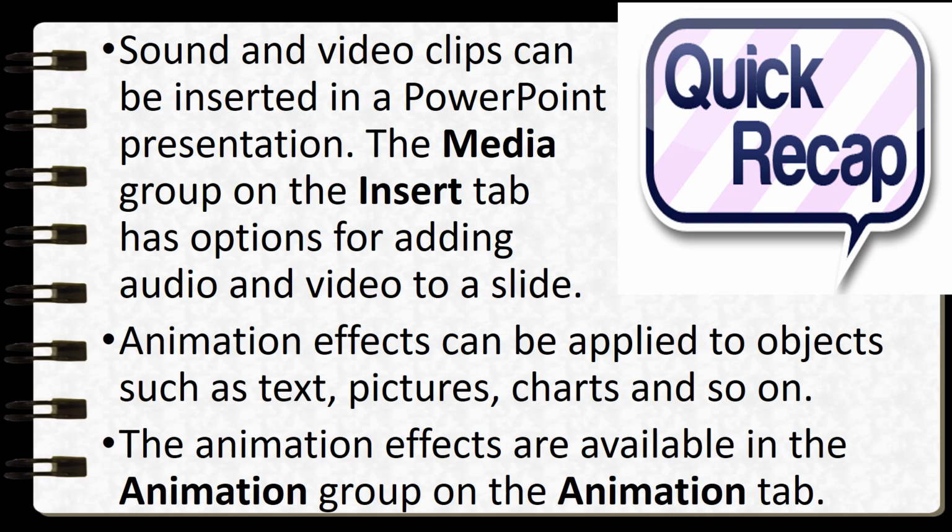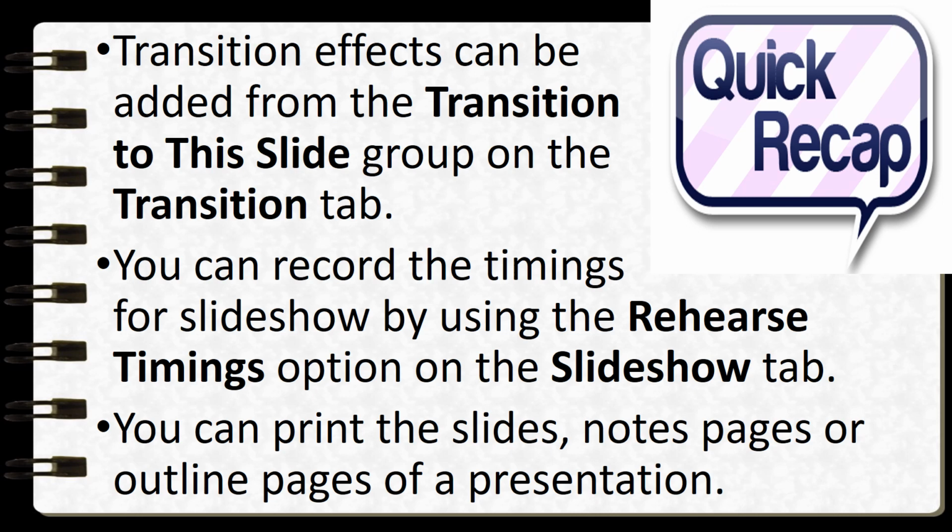The animation effects are available in the Animation group on the Animations tab. Next, transition effects can be added from the Transition to This Slide group on the Transitions tab. You can record the timings for a slideshow by using the Rehearse Timings option on the Slide Show tab. Last, you can print the slides, notes pages or outline pages of a presentation.